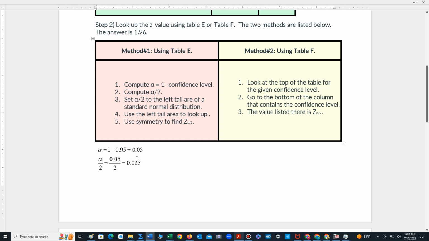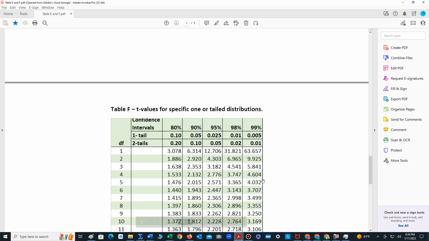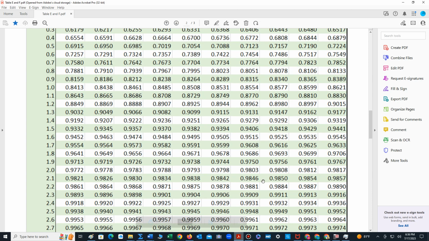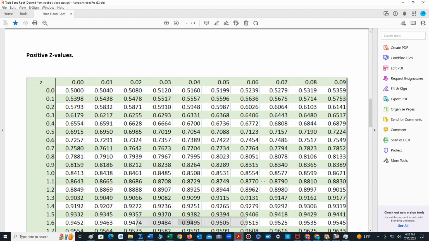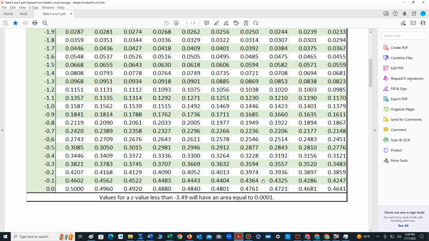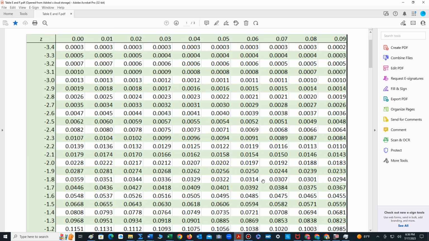So now we want to use this area because alpha is a tail area, and alpha over 2 is a tail area as well. Alpha is the combined tail area. So now we use this as an area, and we look up first the negative z value, and then we use symmetry to find the positive z value. So if we go back to table E, we have to look for the area closest to 0.025.